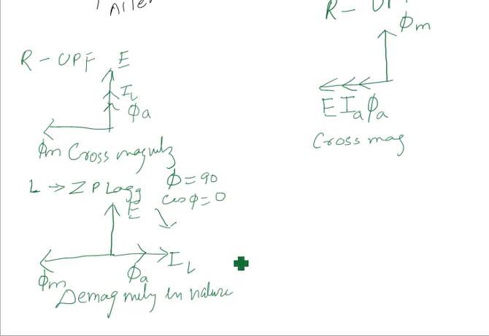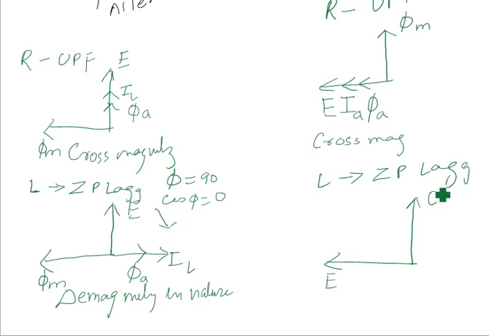What will happen with a motor? Suppose that there is an L load, that is, zero power factor lagging load. Now, first E comes in the picture, and then phi M comes in the picture, after 90 degrees.